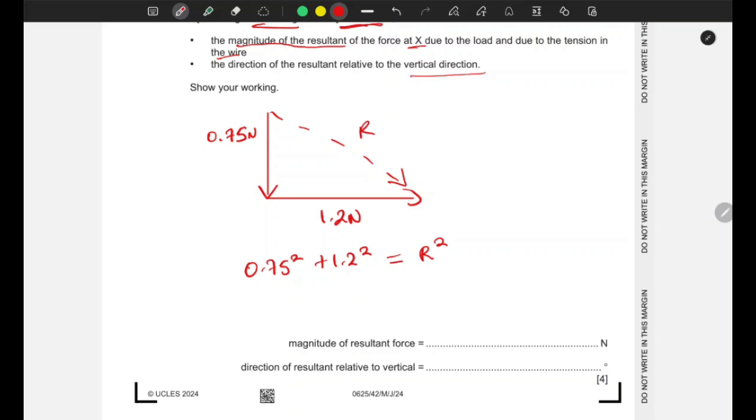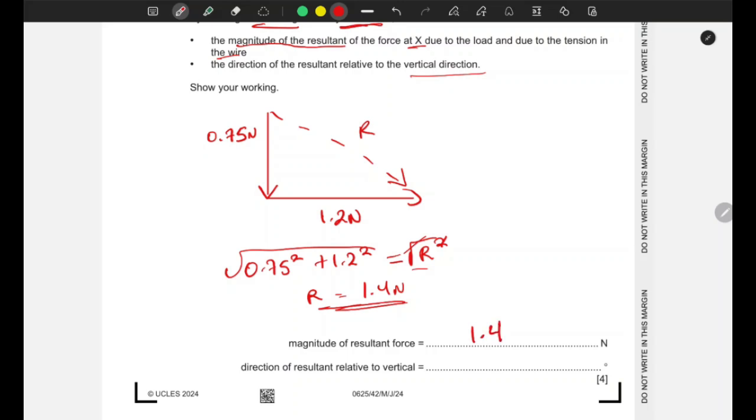If we root both sides, r is the root of 0.75 squared plus 1.2 squared. When we do that, we get r equals 1.4 newtons. So the resultant force is 1.4 newtons.